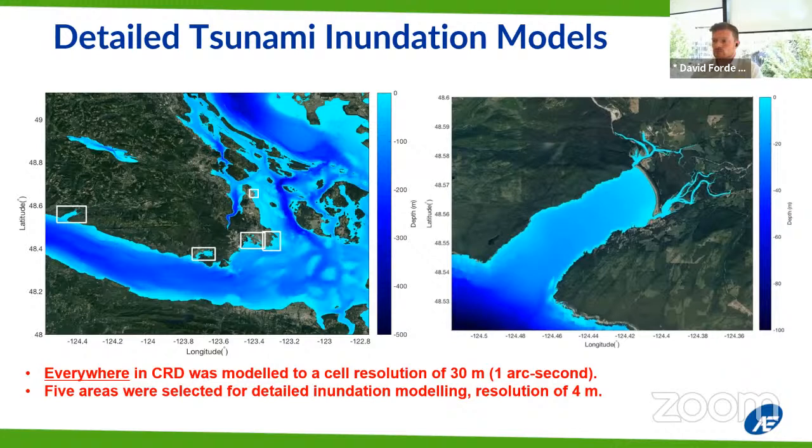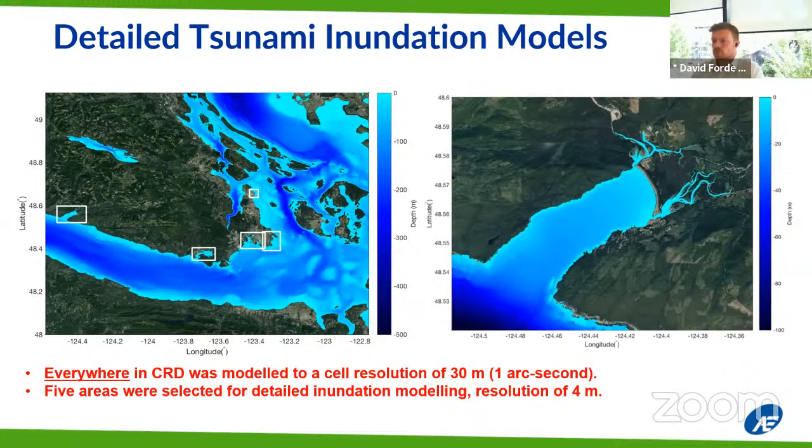The code has been very extensively tested and used for tsunami modeling in a number of different areas. For example, for the NTHMP work in the United States, the code is used for all of the mapping on the East Coast.